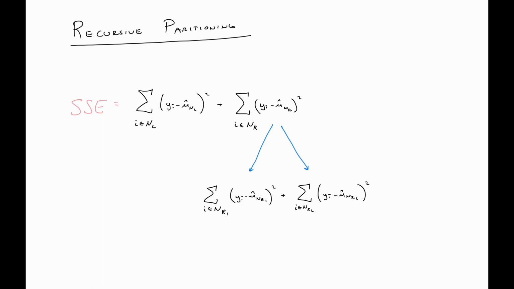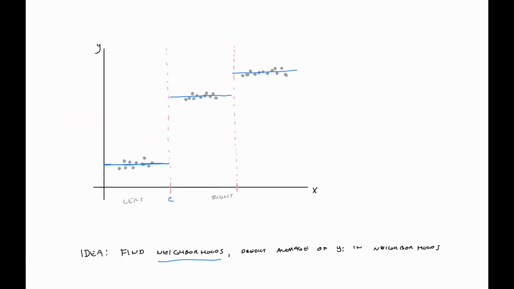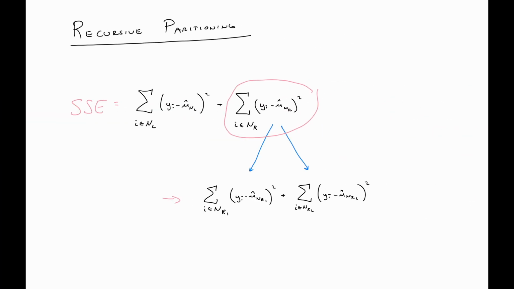We would replace the original predictions in that neighborhood that we now resplit by these two new sums of squares for the two new regions that we created. I'm not going to dwell on the notation here because it gets really messy real fast.